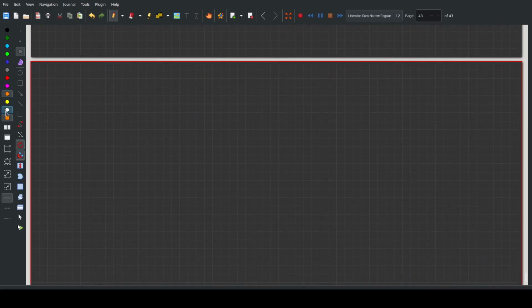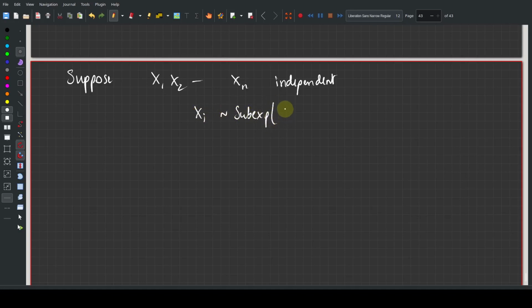Okay, so now let's suppose that I have a bunch of random variables, all of them being sub-exponential. What can I say about the sum of those sub-exponential random variables? So suppose x1, x2 up to xn are independent, and xi is sub-exponential with parameters k5 i and k6 i.